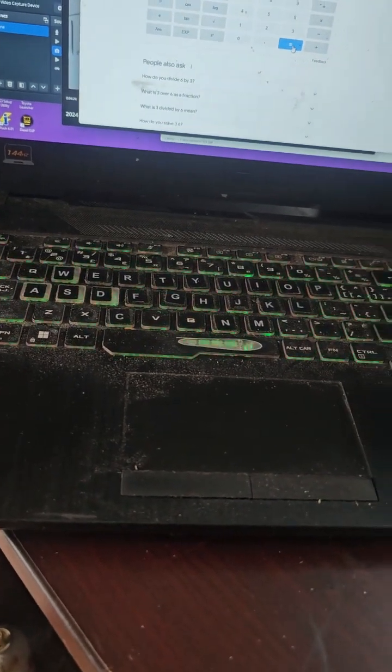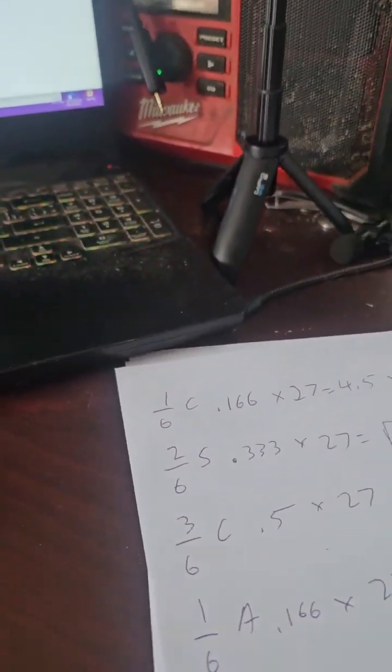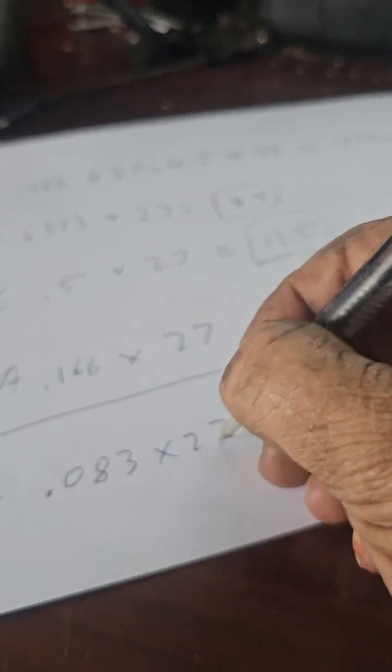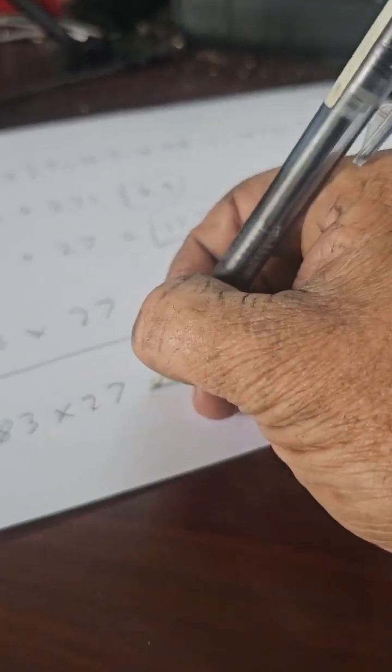Now you need to know how much water. My rule of thumb is 0.5 for water. So we start a new one: we divide 0.5 by 6, rounded to the closest thousandths, which is 0.083. We multiply that by 27, which equals 2.241 rounded to the closest thousandths.